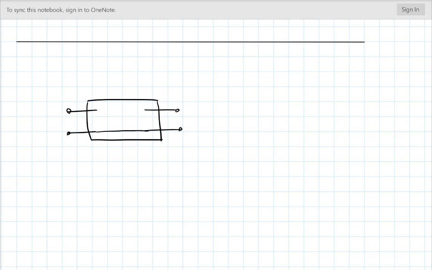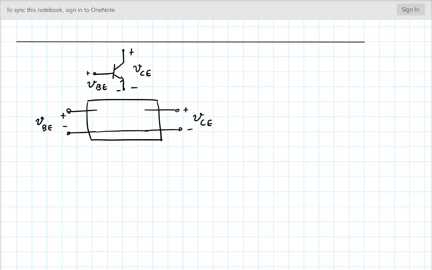So for instance, in the case of the BJT, this would be your base emitter voltage for an NPN BJT, and this could be your collector emitter voltage. And more specifically, this is what we are talking about: base emitter voltage versus the collector emitter voltage.